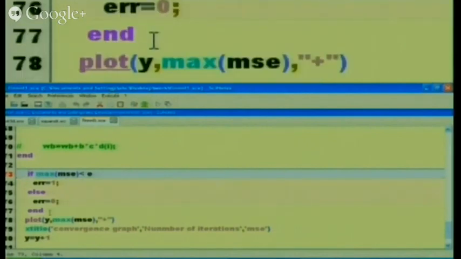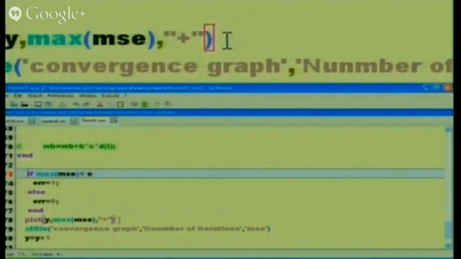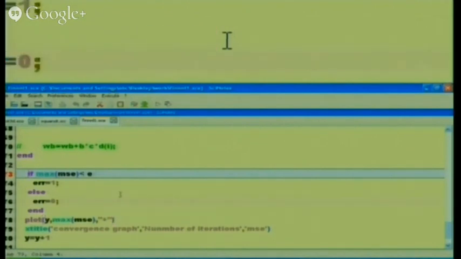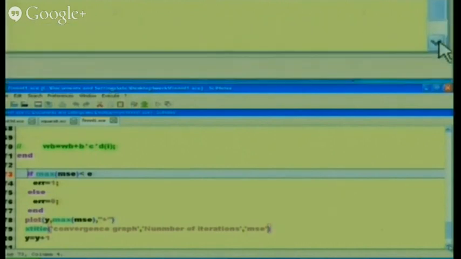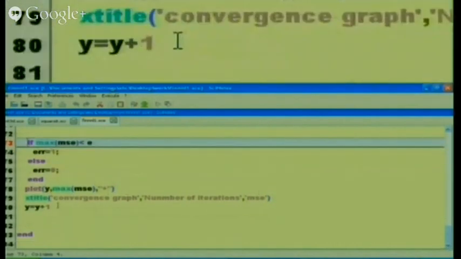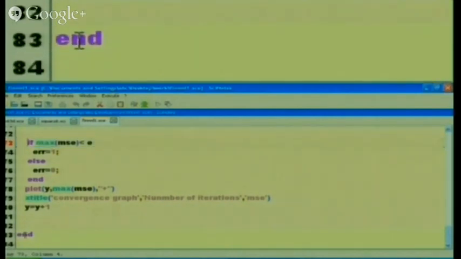And then plot y comma maximum of MSE with the plus sign; you can use minus signs or stars, right? Then the title of the graph. Then y equal to y plus 1, because with each iteration there is an MSE, and with each MSE you are plotting y comma MSE, right? And finally this is the end of the while loop, right?